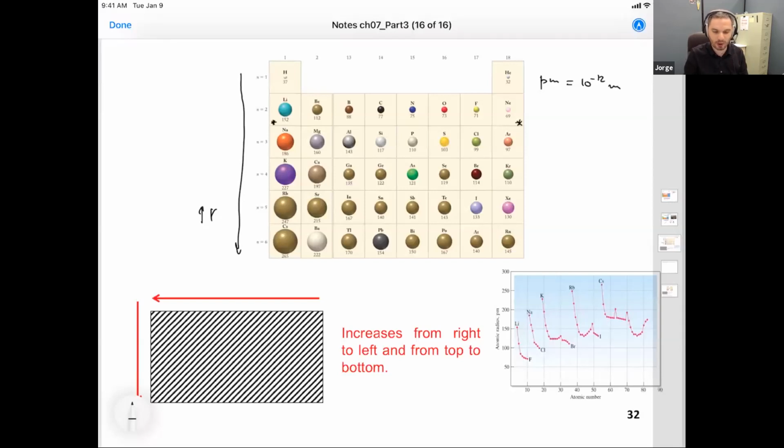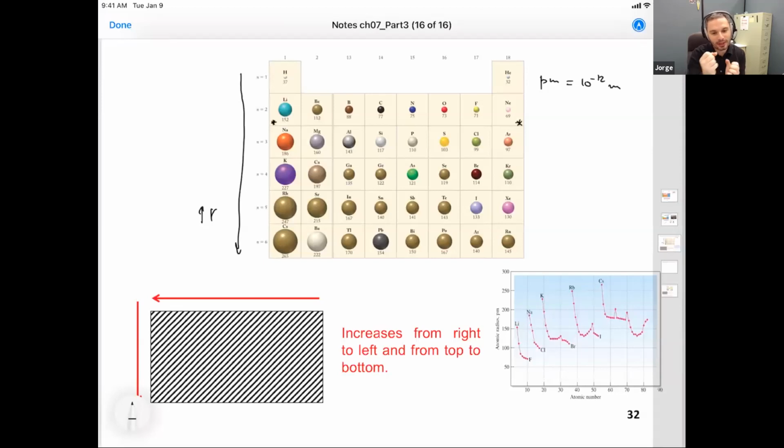So therefore, low attraction between nucleus and electrons, which increases the size of the element. Okay? So for the next properties, always take into account the attraction between nucleus and electrons and its size.